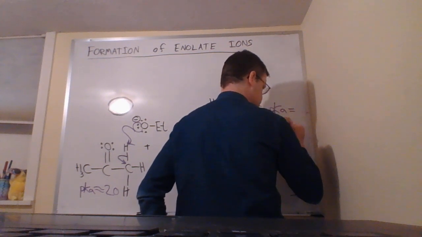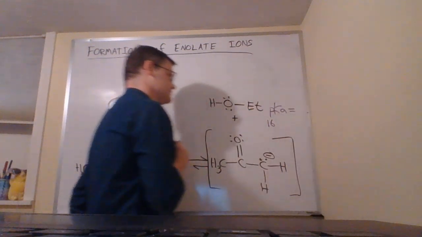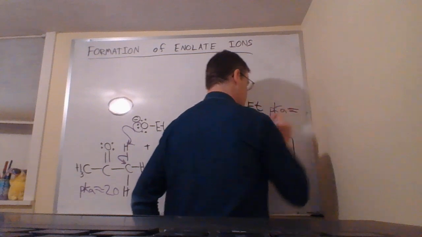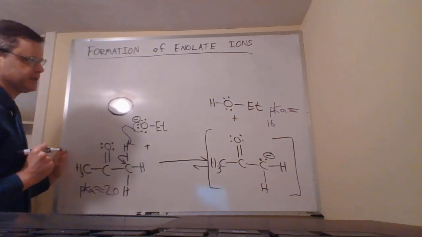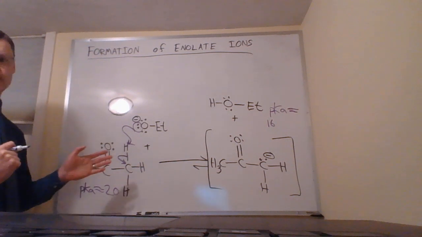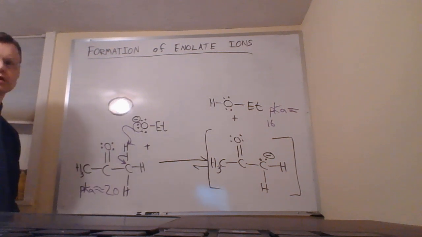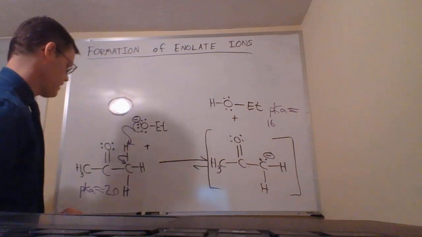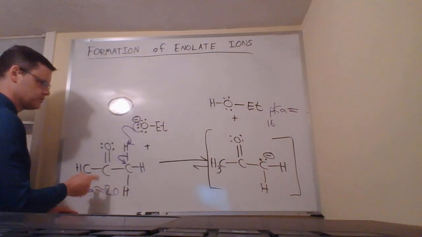It's probably closer to 16, so I'm just going to say about equal to 16. If you want to figure out in an acid-base equilibrium whether the left side or the right side is formed, we ask the question, which side has the weaker acid? And we look at pKa's to figure that out. And this has a higher pKa, so it's the weaker acid.